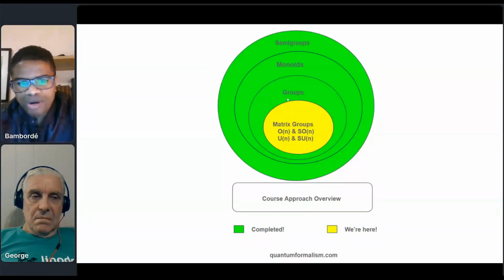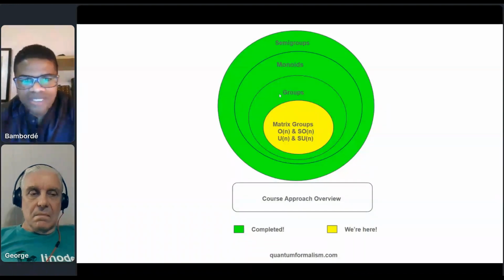Then we covered some notions like orbit and stabilizer that Bob needed to use in his talk, and now we are in matrix groups. This is the final part of this crash course.